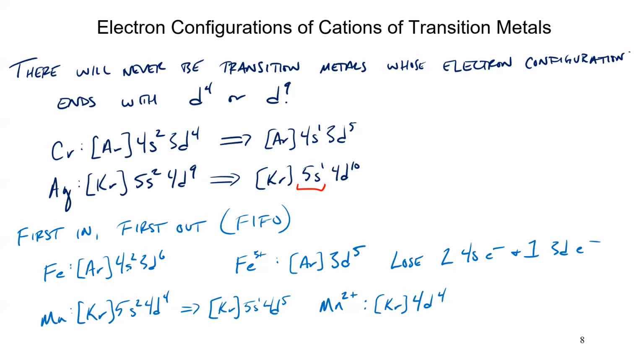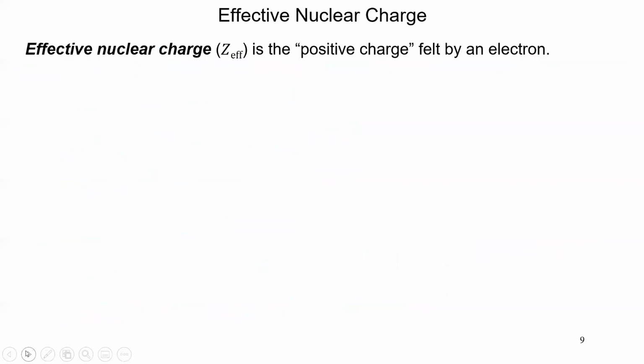All right. So now we've talked a little bit about ions. One of the properties that dictates a lot of these physical phenomena in elements is something called the effective nuclear charge. Remember in chapter 2 when we talked about atomic symbols, we used Z as the charge of the nucleus, the atomic number, the number of protons.